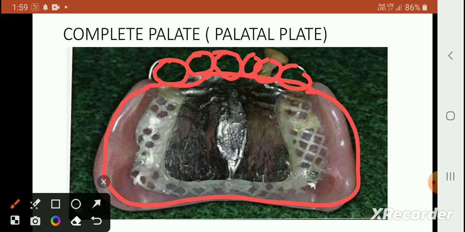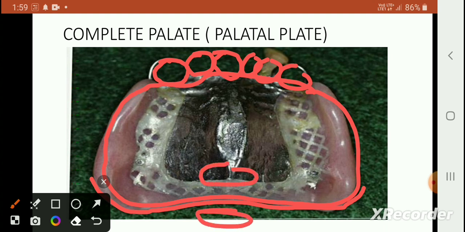The posterior border of this palatal plate should extend to the junction of the hard and the soft palate. We don't give a posterior palatal seal; it is not necessary in this case.